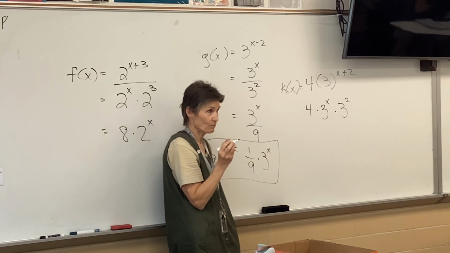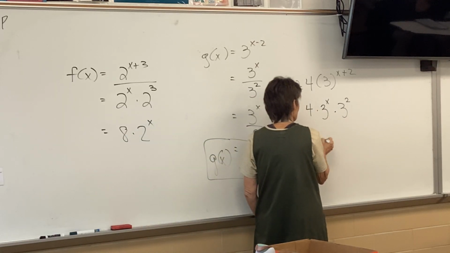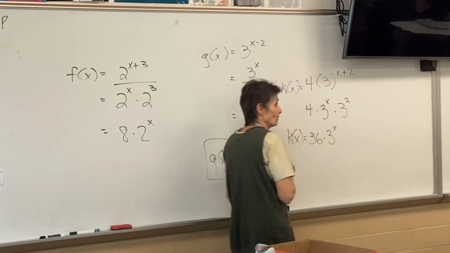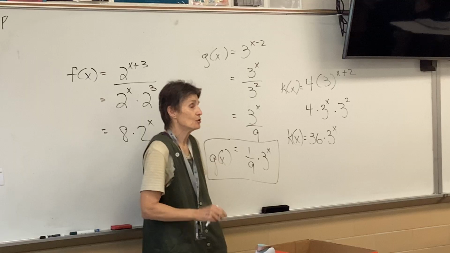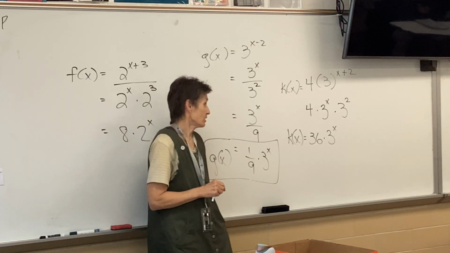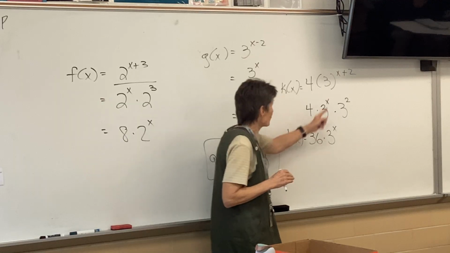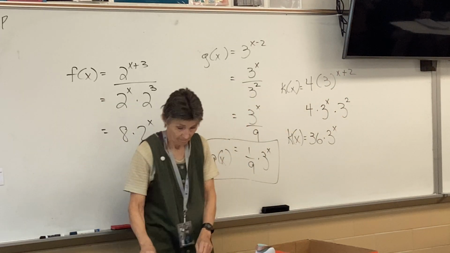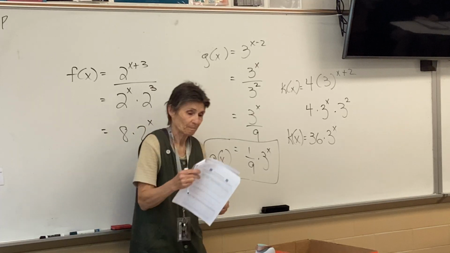Are you following along here? So that's 9. So 36 times 3 to the x would be our final answer, because we are being asked to do a vertical dilation and no horizontal translation. So we have to get rid of this. Seems pretty easy.